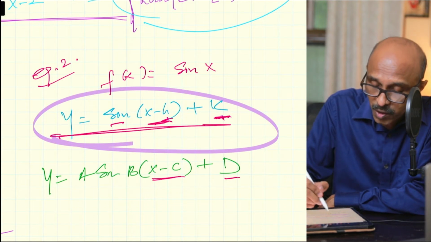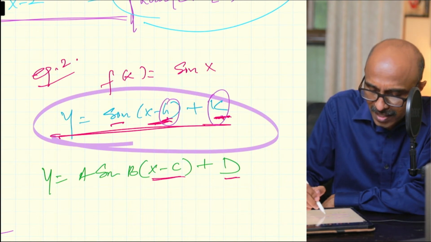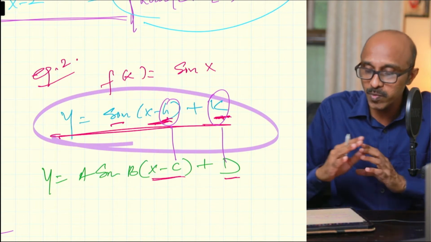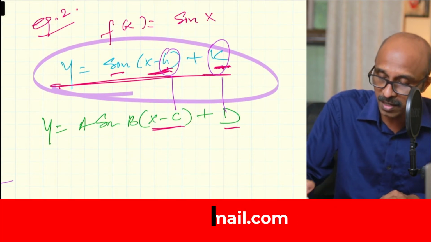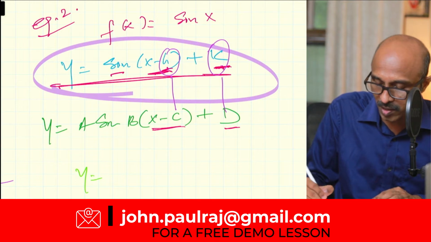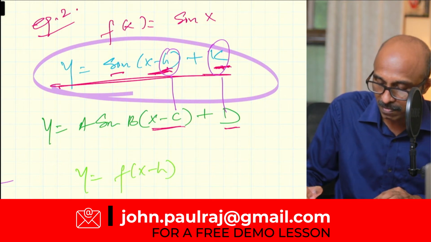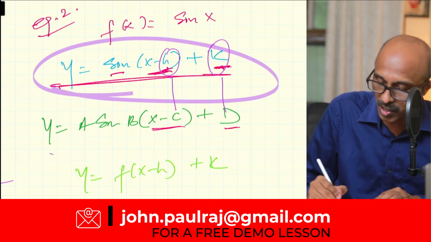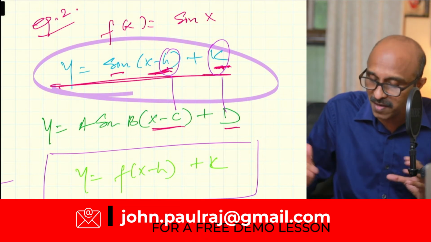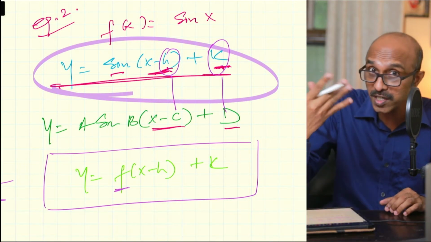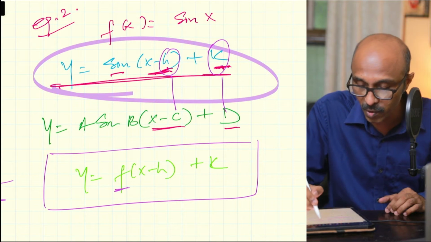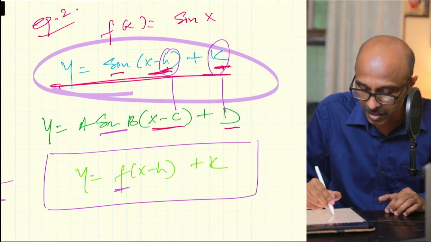And we are using h and k instead of that same c and d because we are making use of a common equation, y is equal to f of x minus h plus k, for the translation of any function. F can be the square root function as we saw earlier, and now we're trying to explore the sine function.